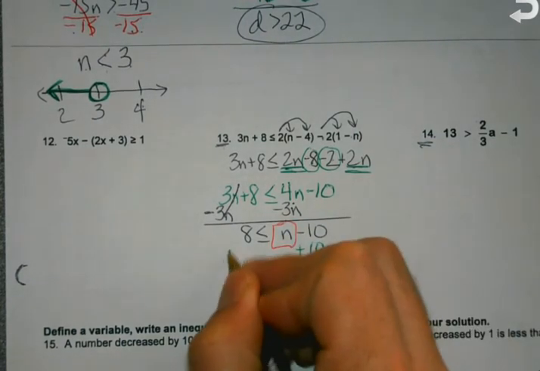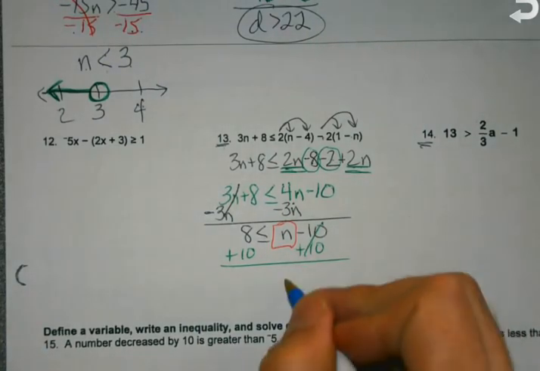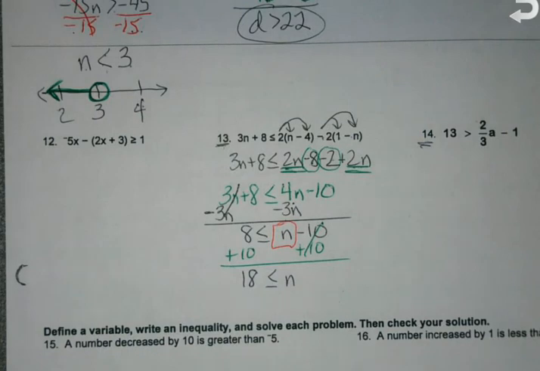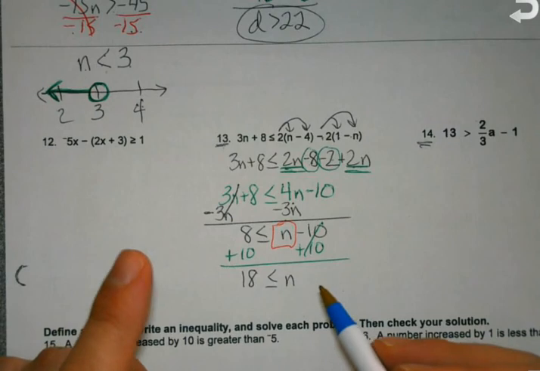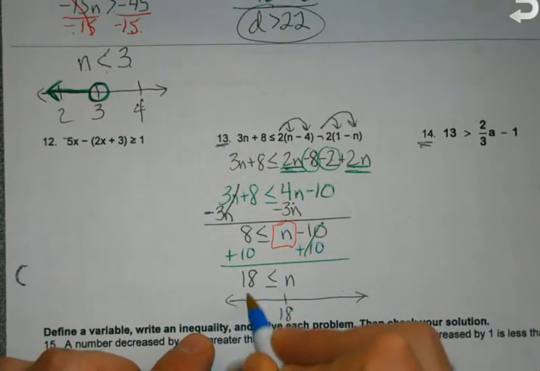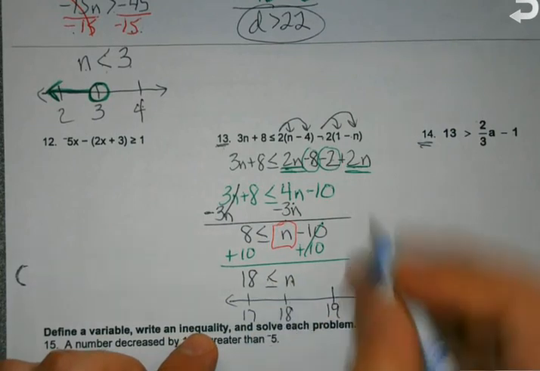Plus 10. And here's where you have to be careful, especially if you were graphing this one. A lot of you would make your arrow automatically go to the left here, because you see the arrow there is left, and every other time it's done the same. But on this one, notice the arrow's eating the n.